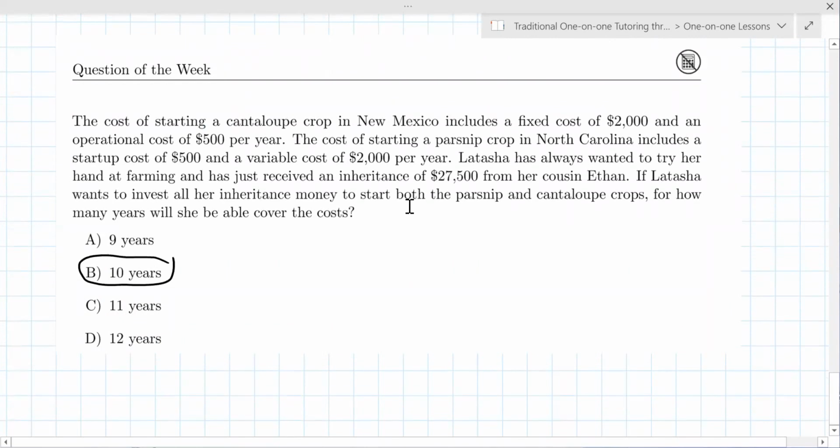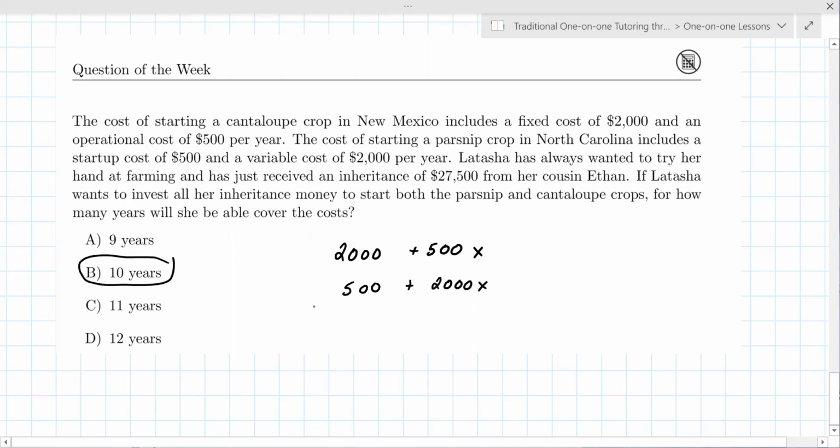The person here is starting 2 crops, and the first crop has what's called a fixed cost, which means that they have to have that before they even start, and then 500 per year. The second crop has a different startup cost, which is 500, but this time it's 2,000 per year.